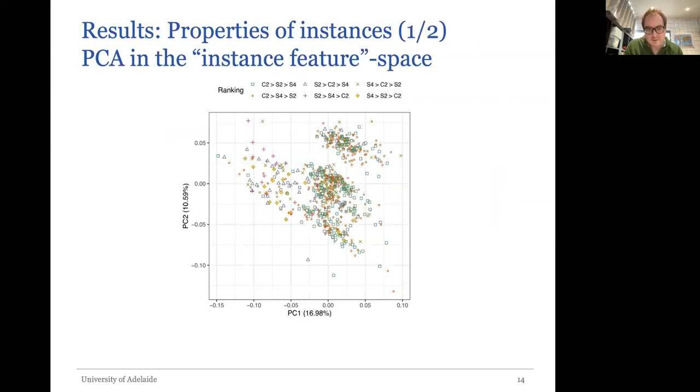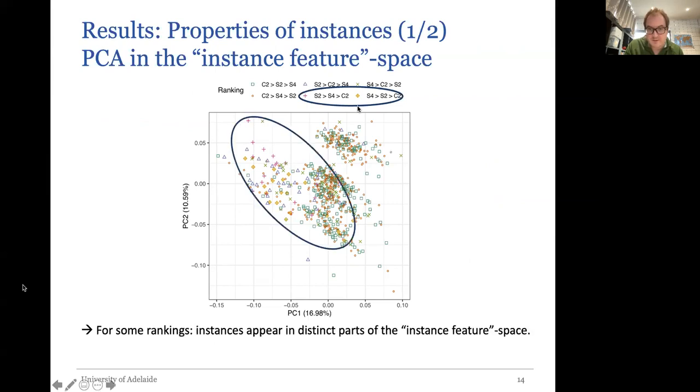Let's have a very quick look at the instance space itself, at the feature space. We used principal component analysis to have a quick look at this 400 to 2400 dimensional space. Interestingly, when looking at the instances where C2 is the worst performing one, they are in a relatively distinct space from the others.